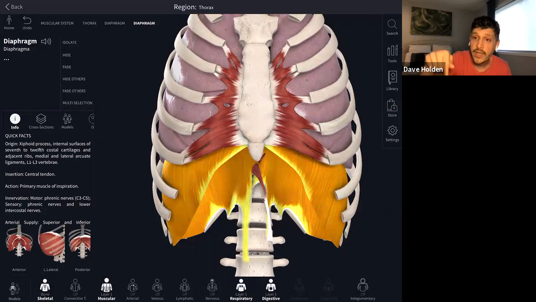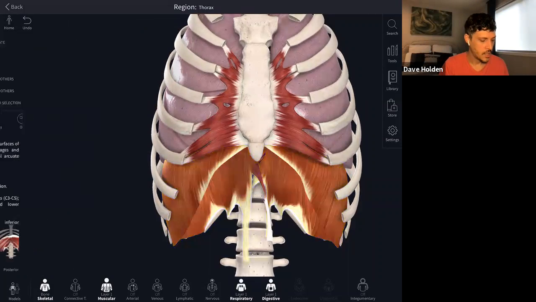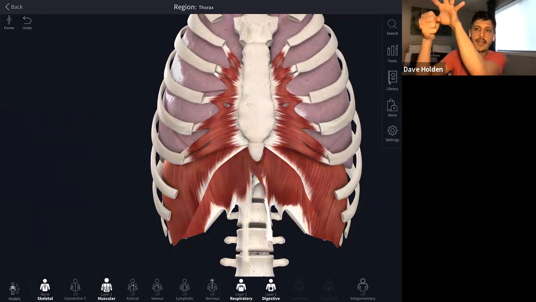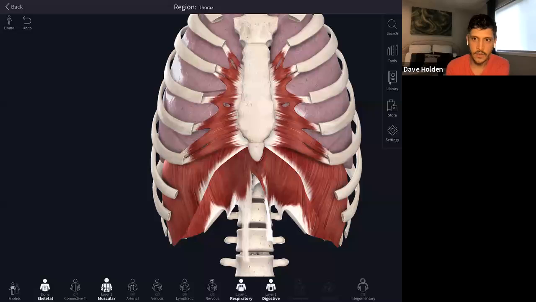You see the central tendon running down the spine. So when the muscle contracts, just like an umbrella, the umbrella is pulled down, which tugs on the sac of the lungs, pulling down on the lungs. This opens the lung space.